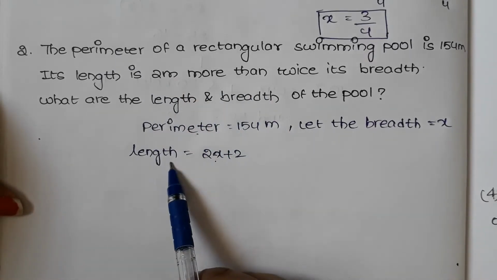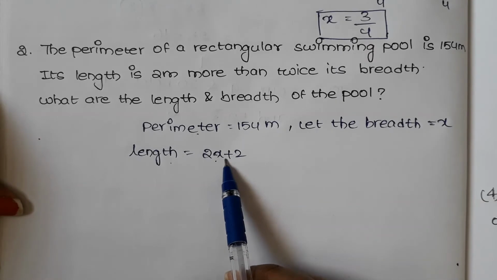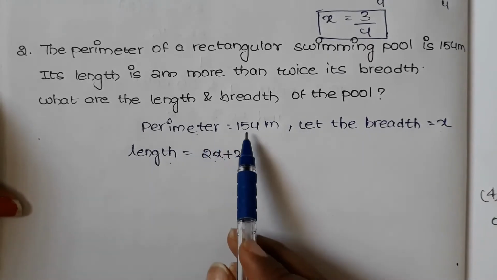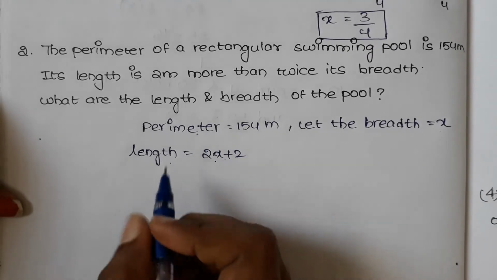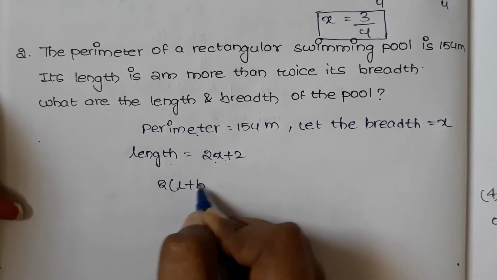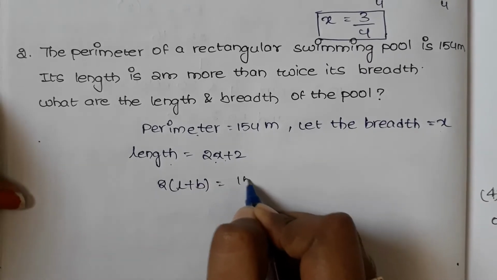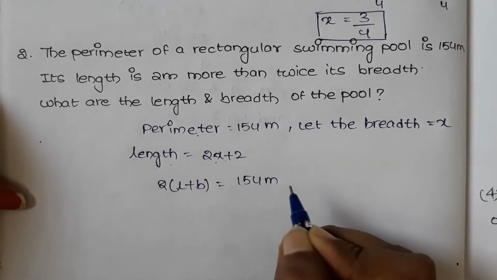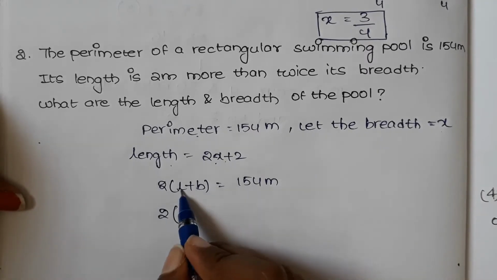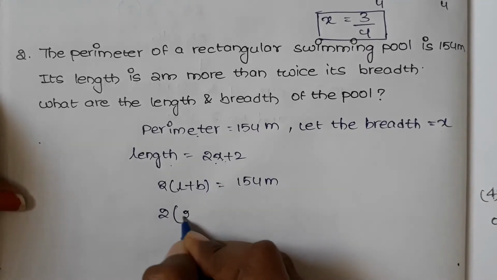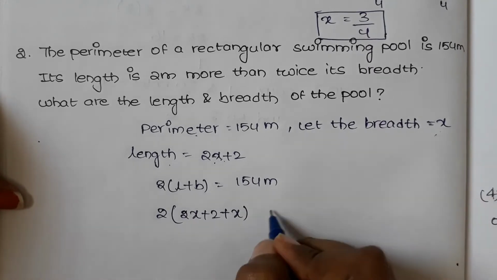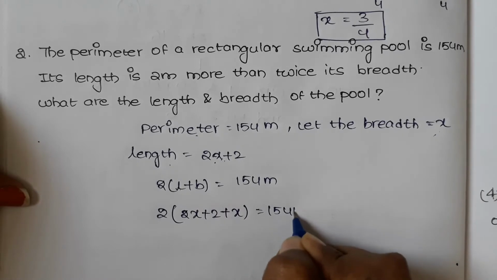So that's why length equals to 2x plus 2 and breadth equal to x. Given perimeter equals to 154 meter. We know that perimeter equals to 2 into (length plus breadth), that equals to 154 meter. Now 2 into (2x plus 2 plus x), that equals to 154 meters.